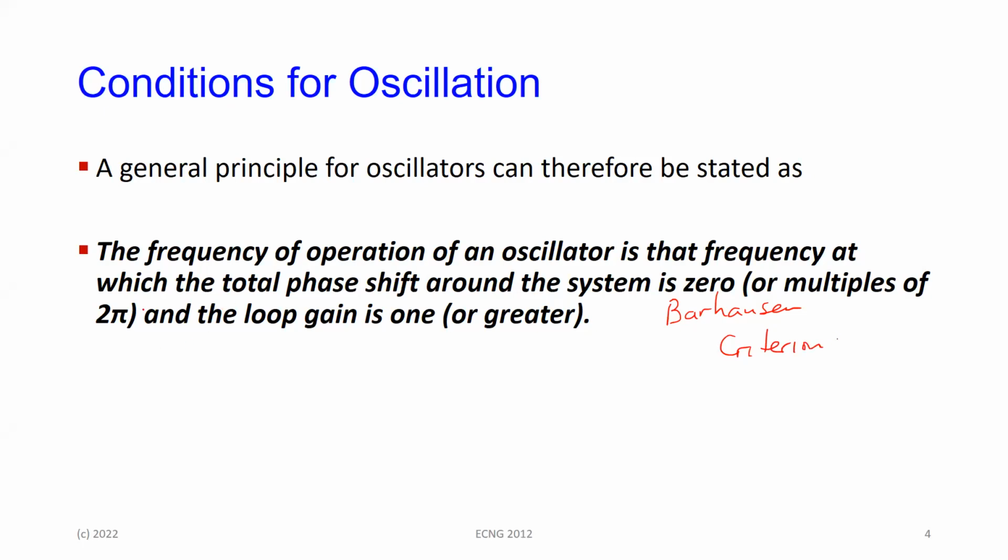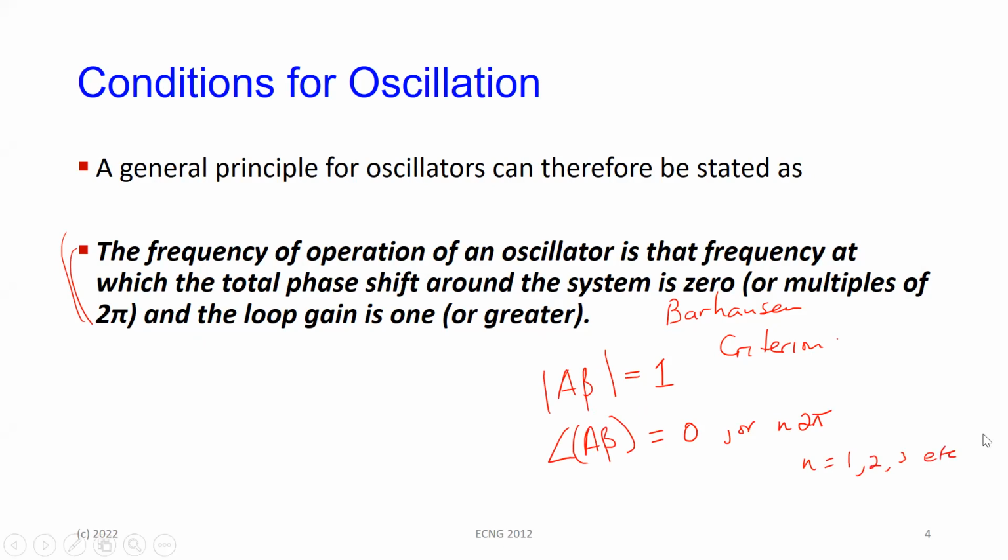So you can remember it in this form: the magnitude of A beta must be equal to 1, and the phase change as you go through the loop must be equal to 0 or multiples of 2 pi, equal to 1, 2, 3, etc.